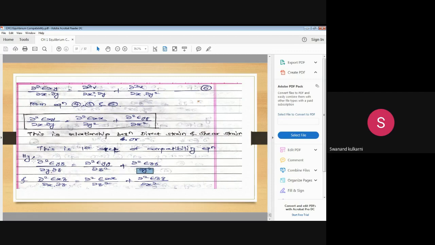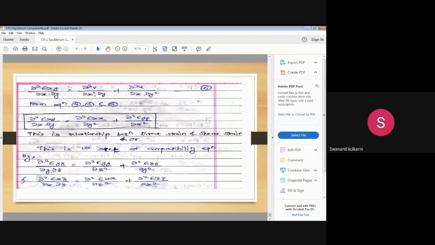Is it okay? So a similar concept is again applied for the x and z direction. By using the same concept as in the previous equations, what we got is ∂²epsilon xz upon ∂x ∂z is equal to ∂²epsilon xx upon ∂z² plus ∂²epsilon zz upon ∂x².